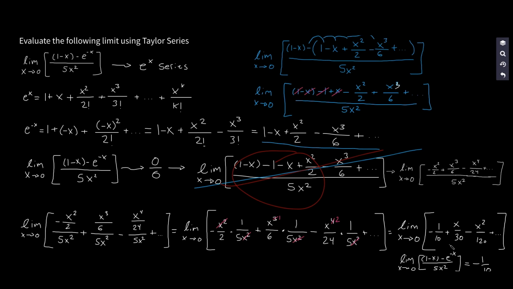As x approaches 0, every term with an x in it becomes 0, and the only thing left is the constant term at the beginning, which is negative 1/10. Therefore, the limit is negative 1/10, and thus the answer is, sweet victory.